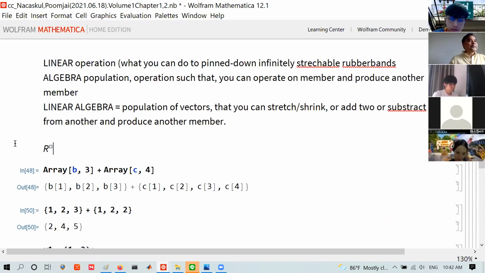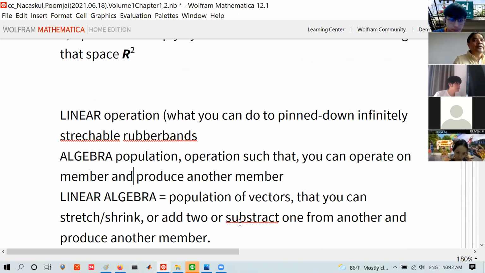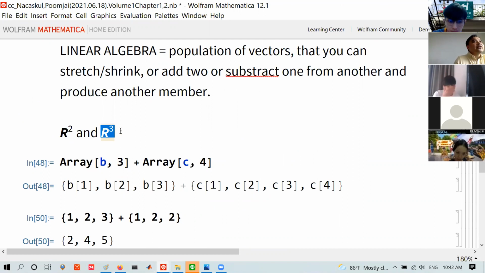Let me ask you, are R2 and R3 the same population? Is it the same population? No. You can think of R2 as the space of genomes of monkeys and R3 as the space of genomes of human beings. Even the dimensions don't match.